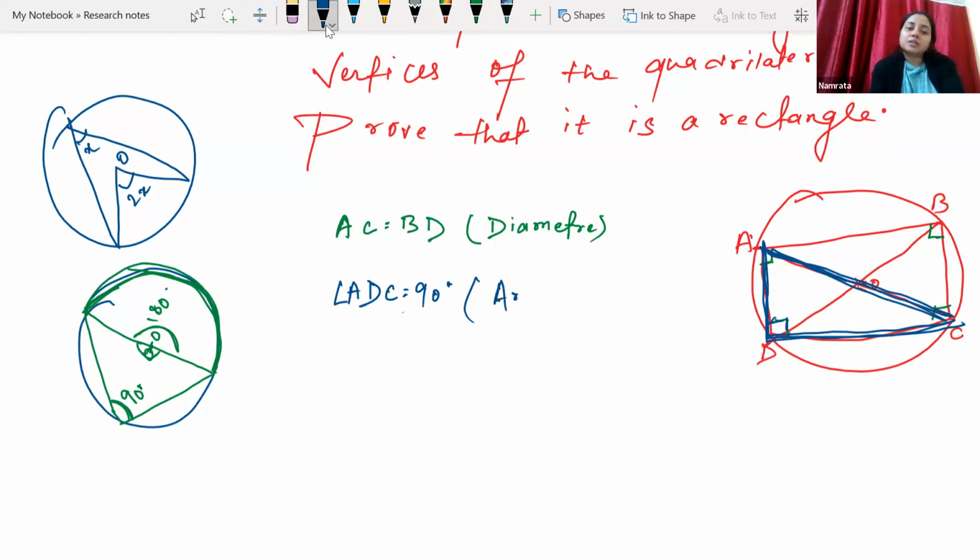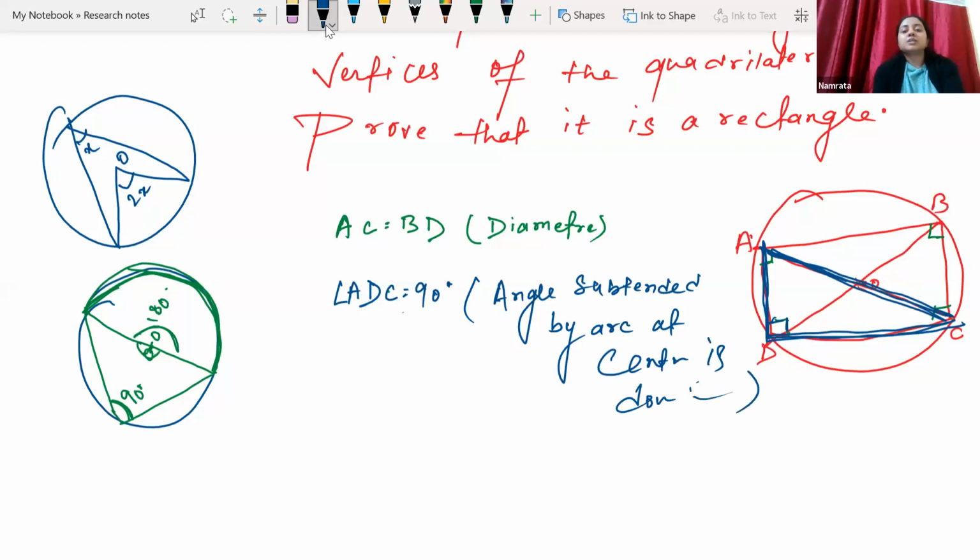Because the angle subtended by an arc at the center is double the same theorem. Please write it completely: double the angle subtended by the same arc on the remaining part of the circle. The theorem is clearly mentioned in your book as well. So the same statement as it is, we have to copy over here. We know that ADC is 90 degrees.